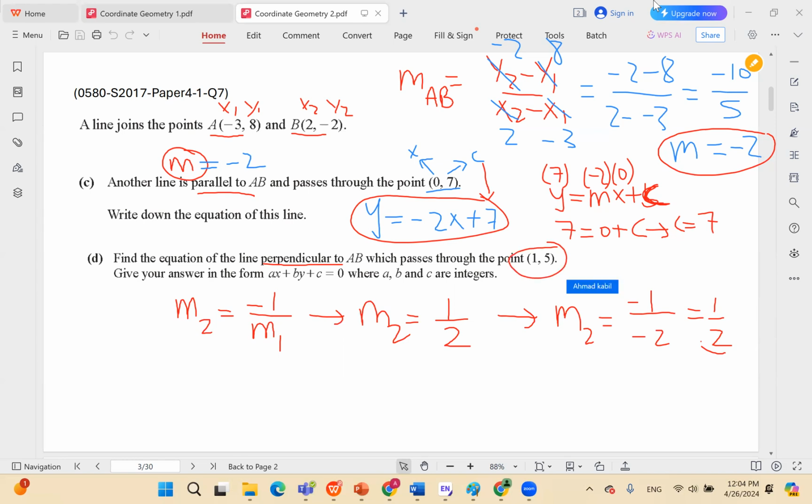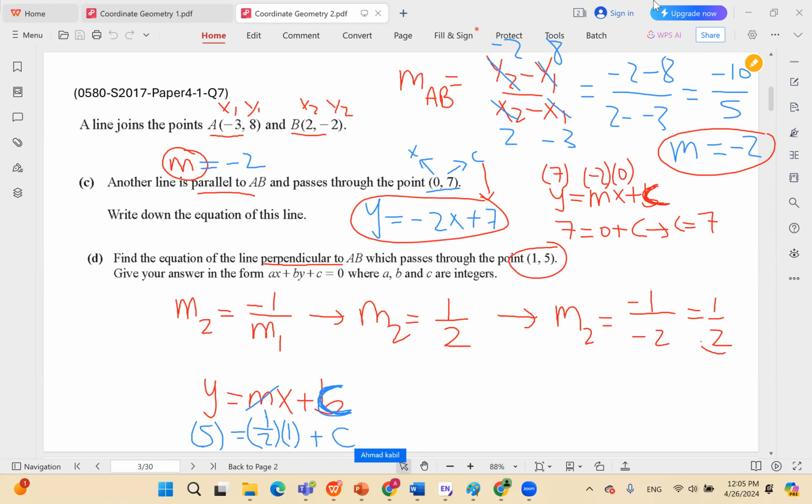Now that we have our new gradient, we use this point to get the equation of the line. So we write y equals mx plus c. The gradient here is +1/2, and the x value is 1 from the point that we have, and the y value is 5. I keep writing b instead of c because this is what I'm used to, but for IGCSE they use the letter c instead of b.